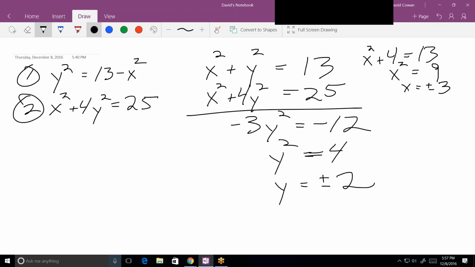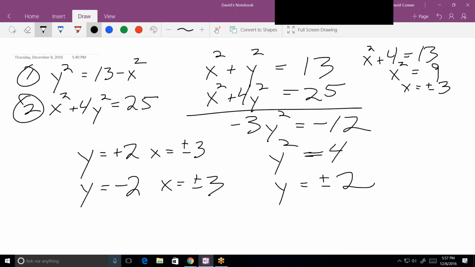So we've got solutions that look like this. Y equals plus 2, x equals plus or minus 3. Y equals minus 2, x equals plus or minus 3. Because when I substitute the minus 2, the algebra is exactly the same. So what does that mean?